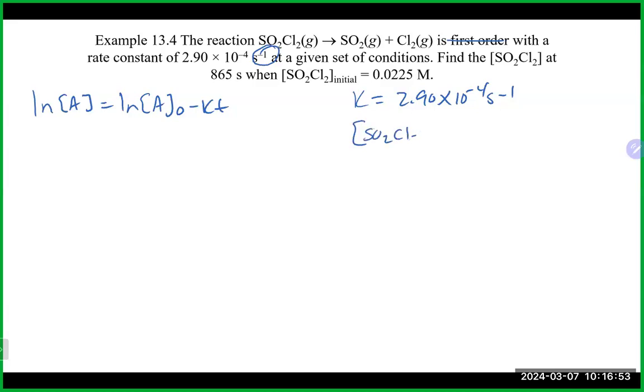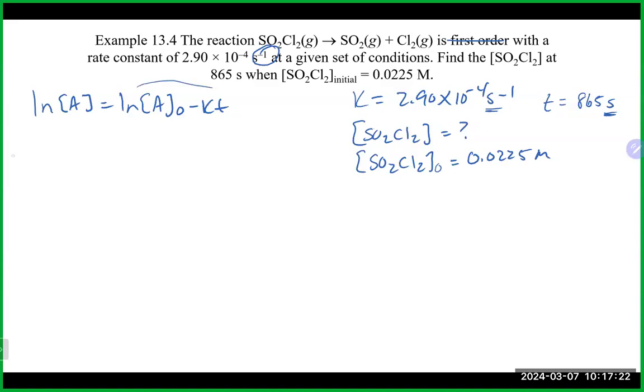We have our initial concentration, 0.0225, and we have time, 865 seconds. Our time and our rate constant are in the same unit of time, so we don't have to worry about units not working. We have everything we need.